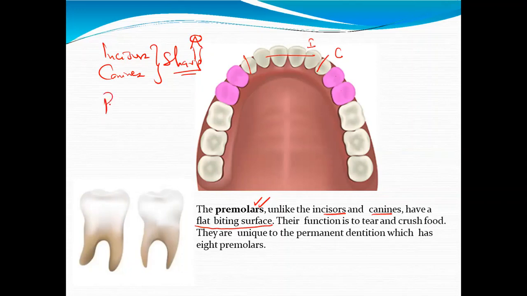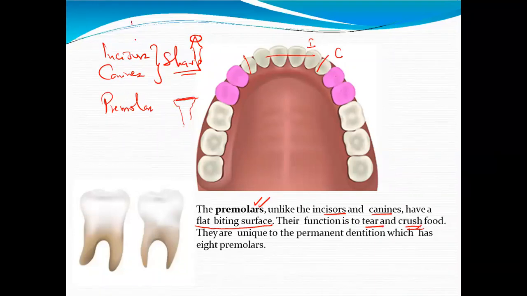But when you go now to premolars, you'll find that their surface is a bit flat. It's not as sharp as the incisors or the canines. So the function is to tear, but most importantly also to crush, and you need something that is flat to crush things.